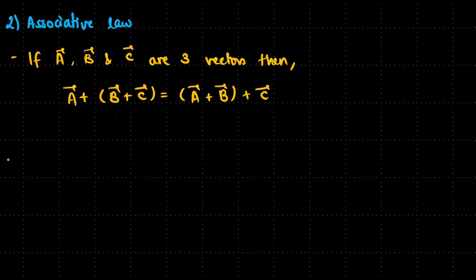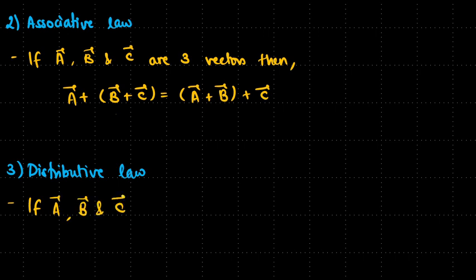And finally, the third law that we're going to talk about is the distributive law. I don't think I need to explain the laws very much, since they are very basic laws, and most people should have already learned about them.